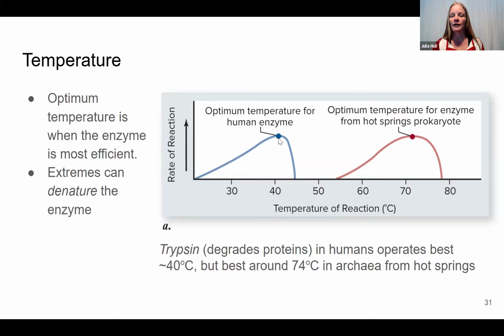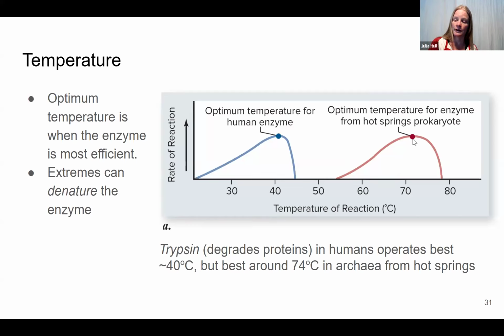If you take our enzyme from our humans and we put it in that 70 degrees Celsius environment, that protein is going to denature, right? Again, let's use this dog toy for another analogy. It's supposed to be this shape. It's going to get smooshed. It's going to change shape. It's not going to do its job, and it's going to get messed up.